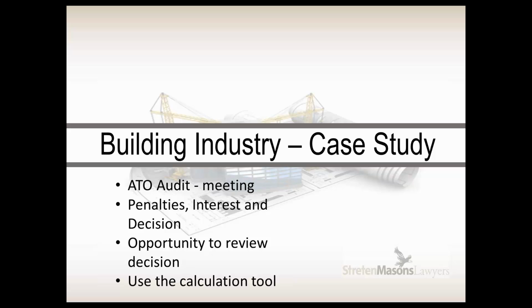Obviously, following from that, there was PAYG that was payable, super was payable, and penalties and interest were therefore payable. In the end it was quite a large amount of money to be paid by this company for 2 years worth of jobs that they'd always considered independent contractors.